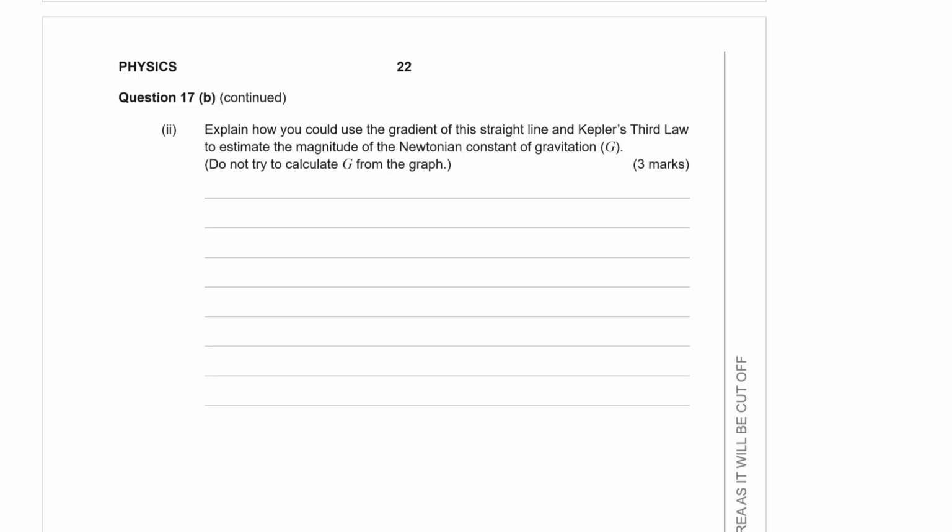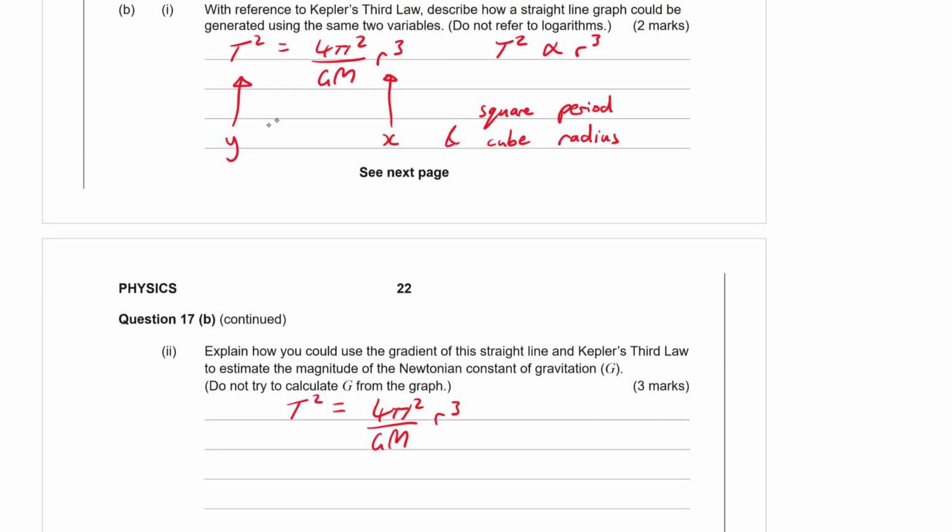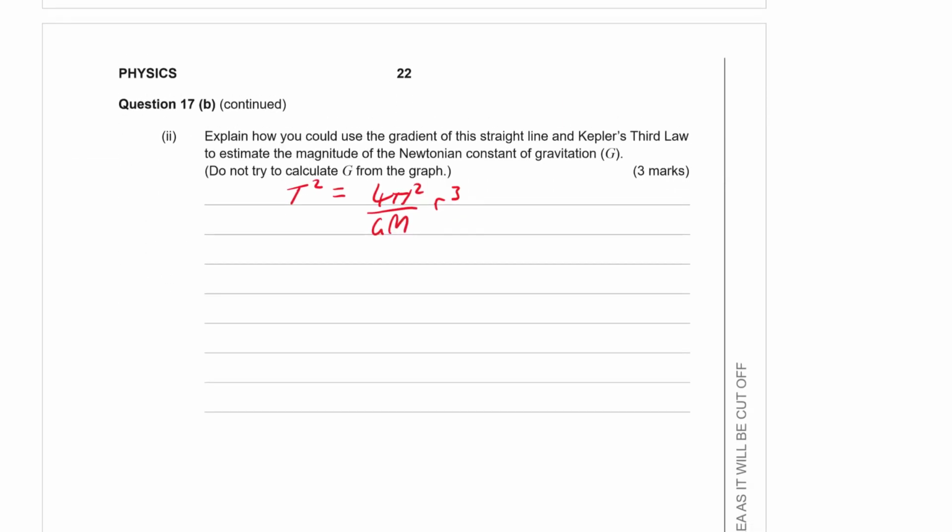Right, okay, so let's go back to that point. T squared is equal to 4 pi squared on GM, r cubed. In this, we could explain it a couple of ways. We could go up here and say, if that's your y and that's your x, that's your m value, so your gradient. Or we could say that when we do that graph, if we worked out the gradient of that graph, that will be equal to rise over run. The rise would be your change in T squared, and your run would be r cubed.